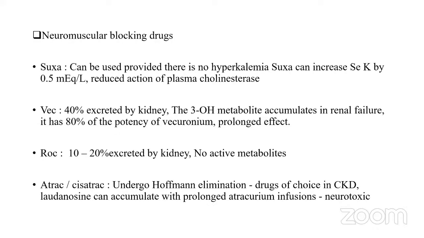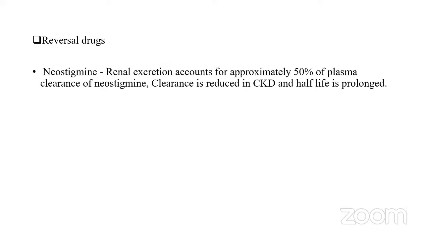So there may be a prolonged neuromuscular effect. Rocuronium, 10 to 20% excreted by the kidney, and there is no active metabolite. Atracurium and cisatracurium undergo Hofmann elimination, the drug of choice in CKD. But laudanosine can accumulate with prolonged atracurium infusion. It causes neurotoxicity and convulsions.